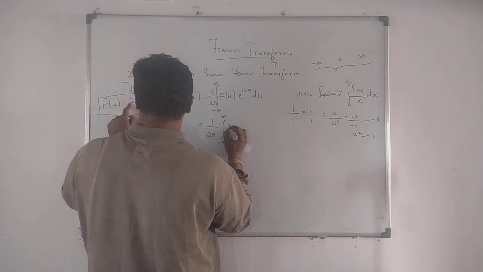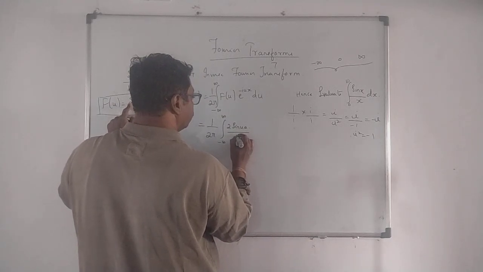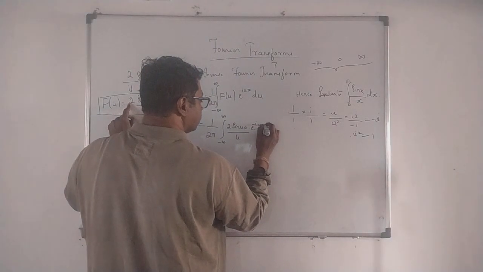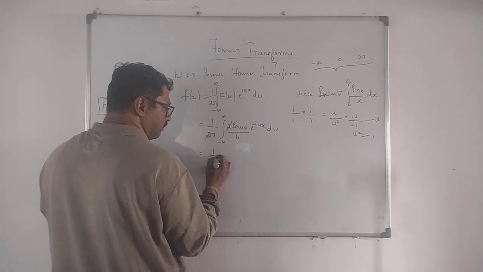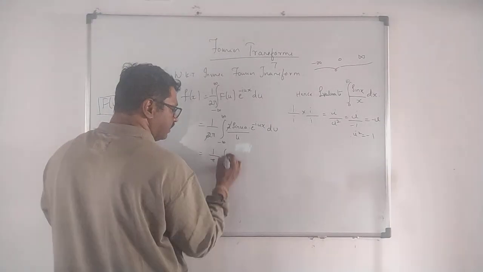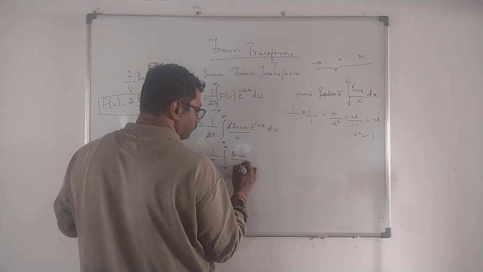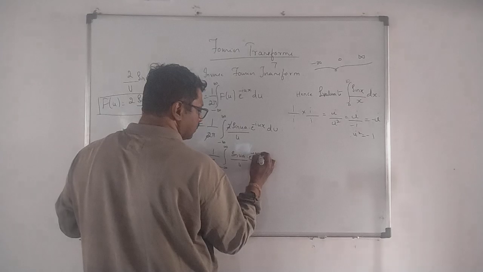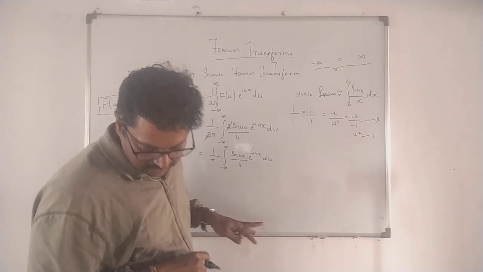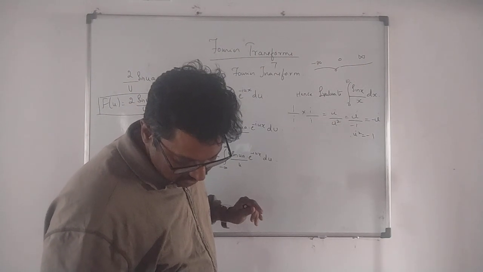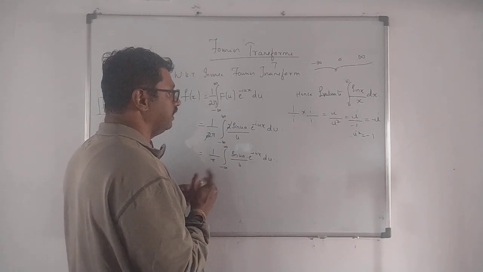F of u is 2 sin ua divided by u, e to the power of minus iux du. So the 2 gets cancelled. It will be 1 by pi, integral from minus infinity to infinity of sin ua by u e to the power of minus iux. Understood?